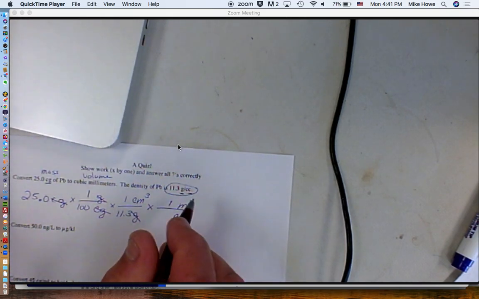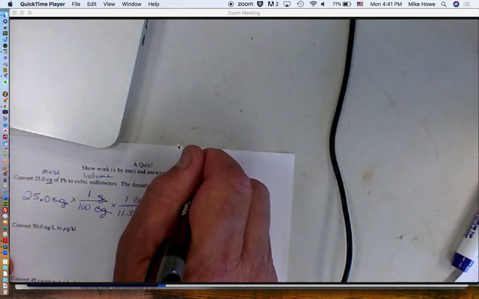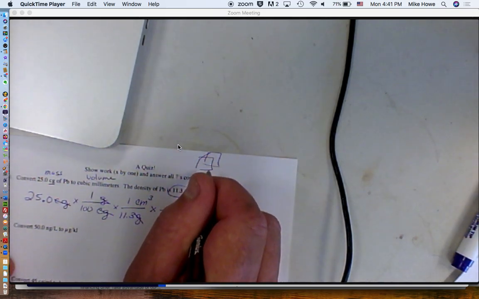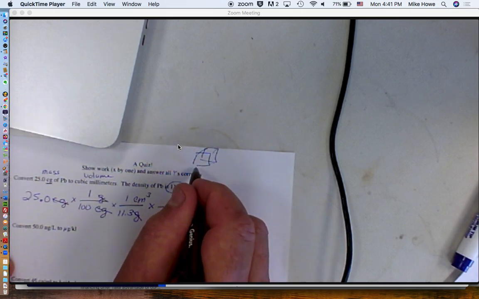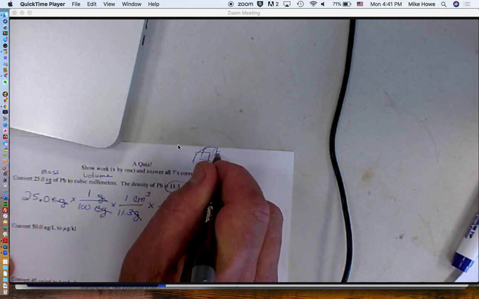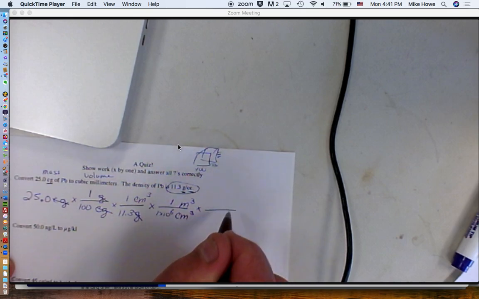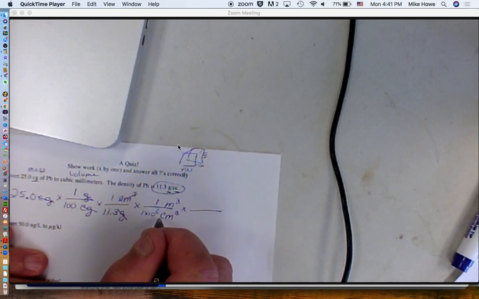And since this is cubic, we have 100 centimeters in a meter, but it's a cube, so it's like this. And so we have 100 centimeters here, and 100 centimeters in this direction, and 100 centimeters here. So you multiply the 3 of them together, and you get 1,000,000. Okay, then we've canceled cubic centimeters.